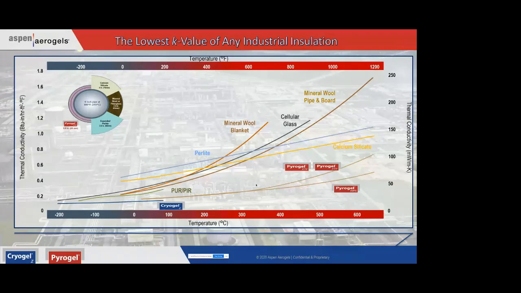So we will always be much thinner, and that obviously equates to more space in your pipe rack, and less metal if you're designing a pipe rack from the ground up. It's the same case for cold temperatures. Typically, we will be 50% thinner than any other traditional insulation products out there in the marketplace.